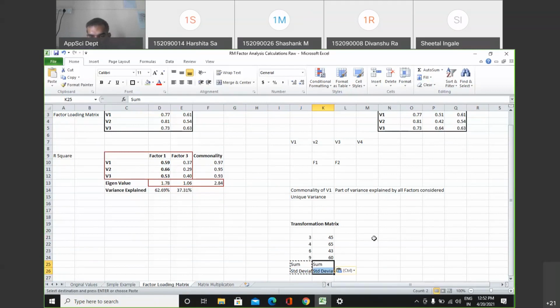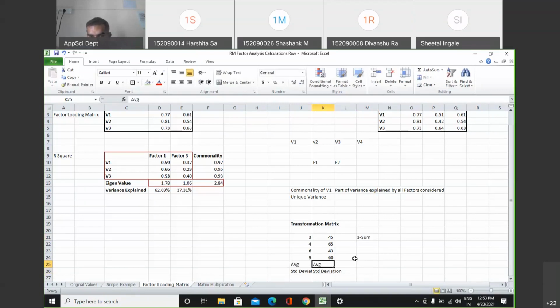Then if we draw a parallel, this value minus the sum here. I'd better write it like this: average rather, not sum.